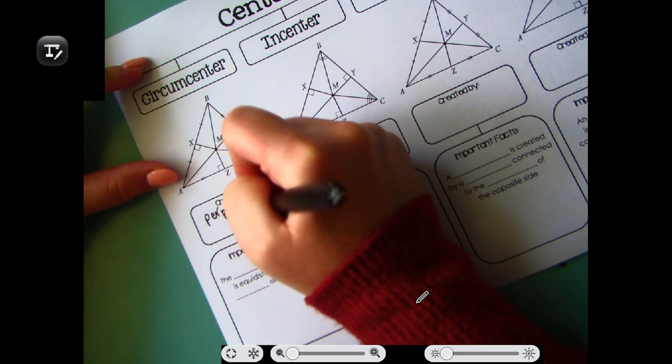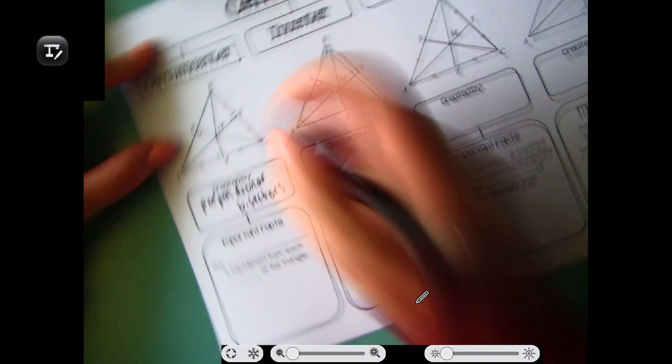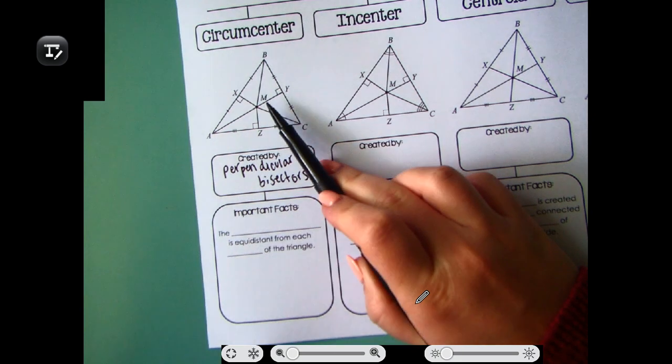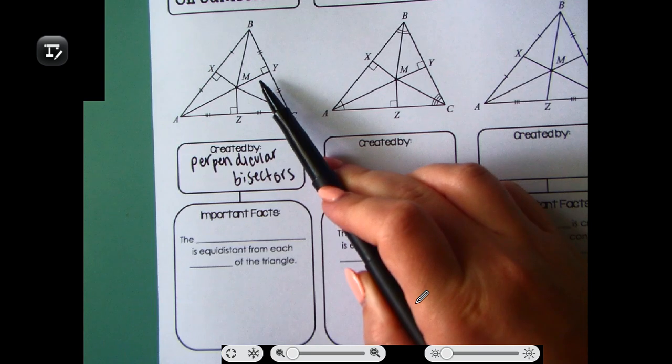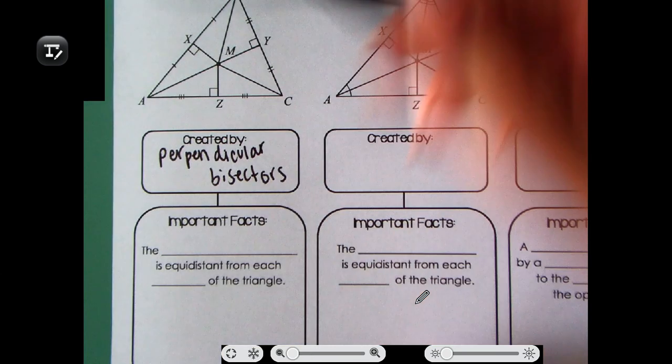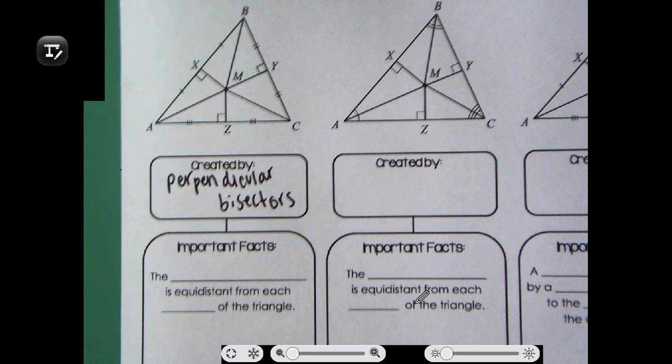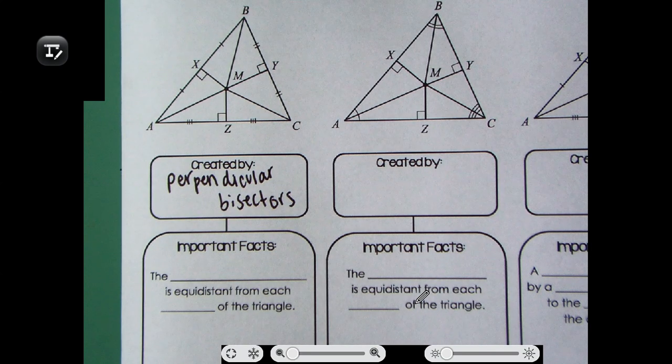Meaning when we're looking for a circumcenter, we're looking for these lines that create a 90-degree angle, so they're perpendicular, and then they bisect, so they cut in half the segment that it runs into. Then the important fact, or the one important fact, is that the circumcenter is equidistant from each vertex of the angle.